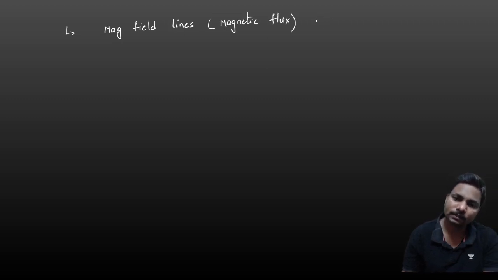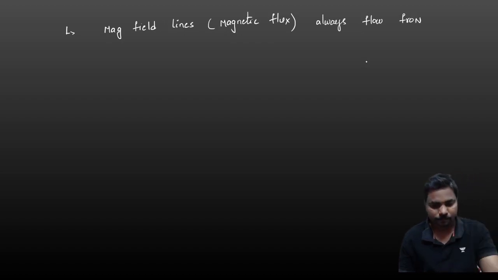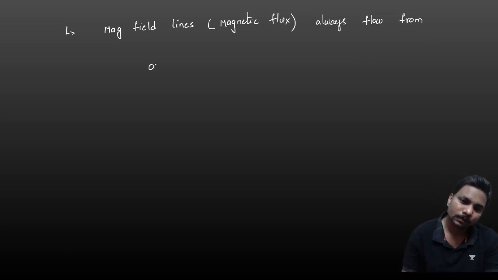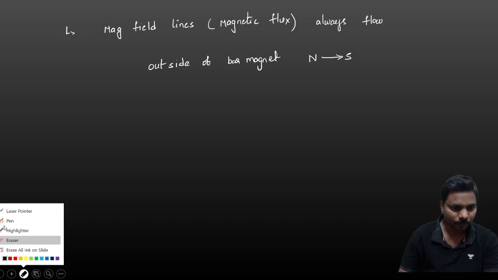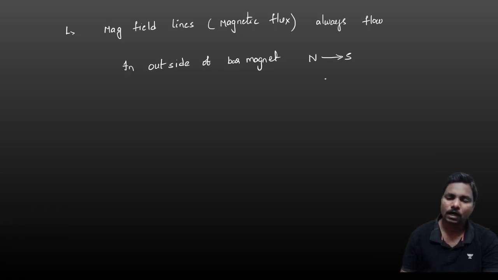Magnetic field lines always flow outside of the bar magnet from north to south.